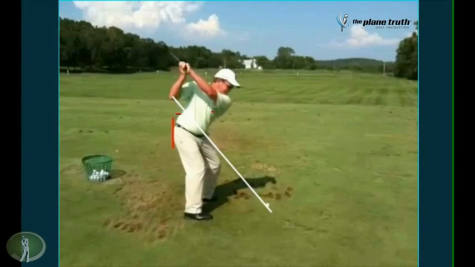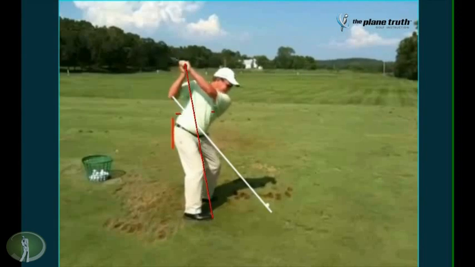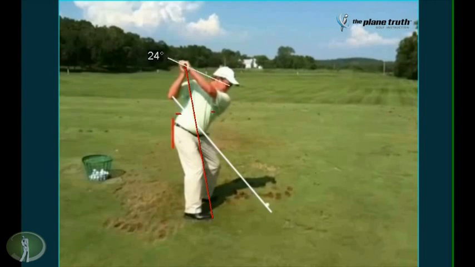So if I see the grip descending and going almost straight down, so right to his toes, and if I see especially this movement here, so here's the shaft at the top. Now these angles are a little skewed, but still, you can see it. It's pointed out. Now watch.